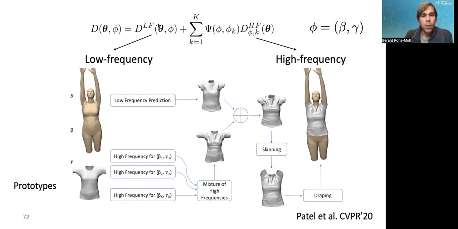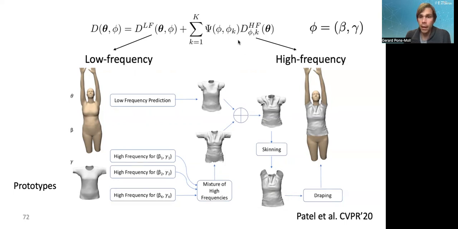So now what we're going to do is predict, for a given pose and shape style, with a single MLP, this low frequency version, which is going to look something like this. It does not have the high frequency patterns, but it has the overall deformation of the clothing. And now in order to model these high frequency patterns, we're going to use a mixture model.